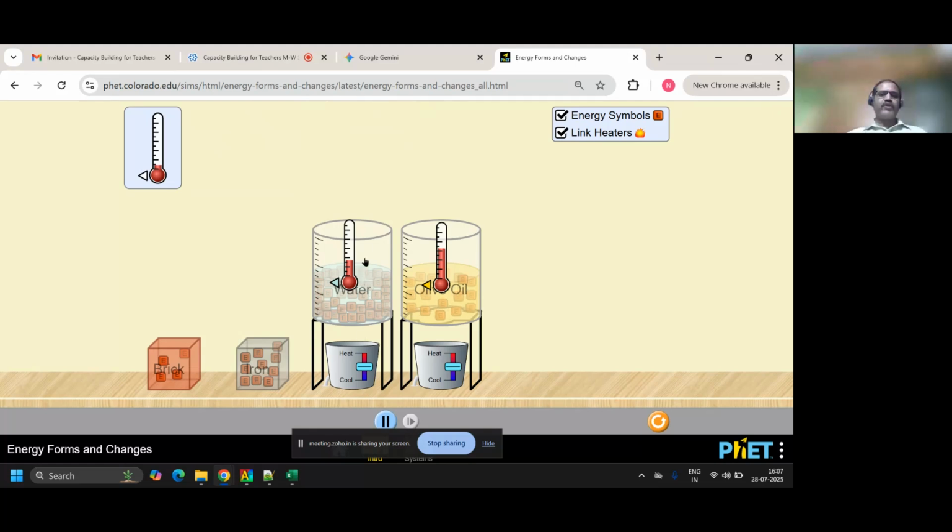That's a state change. But what is the other energy changing over here? If you look here, these symbols E are moving slightly here and there, whereas in the brick and in the iron you don't see that.